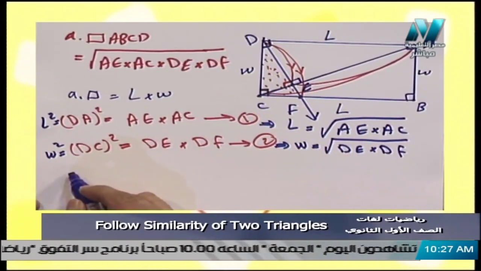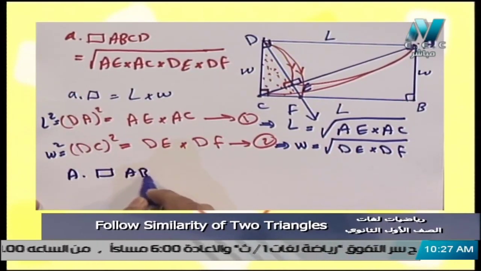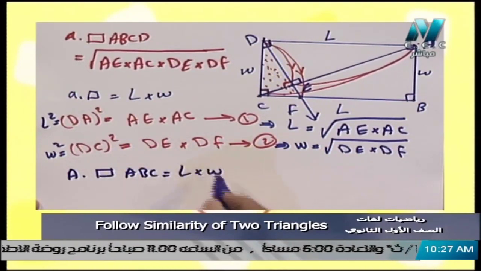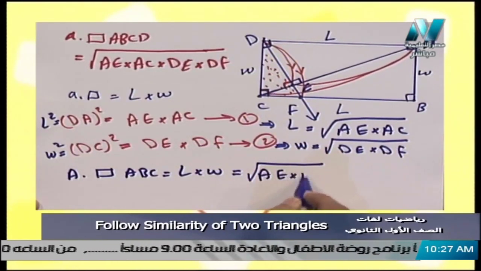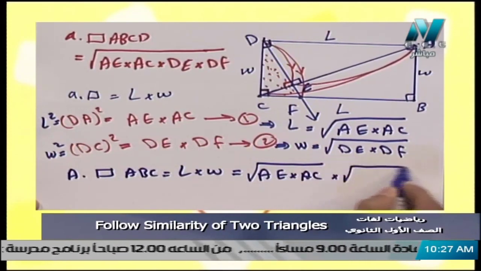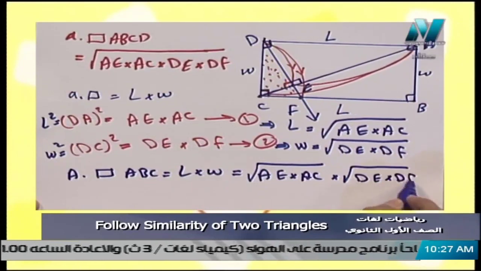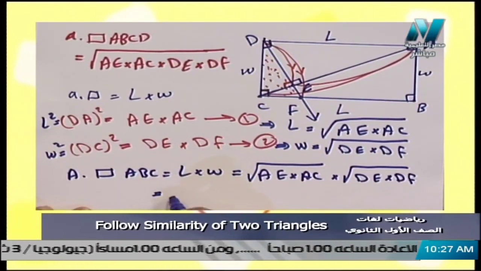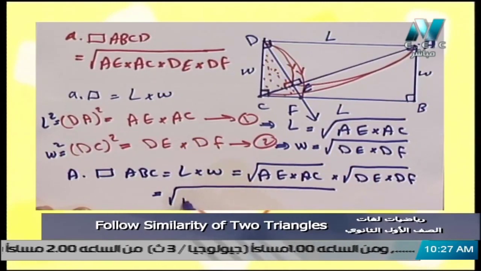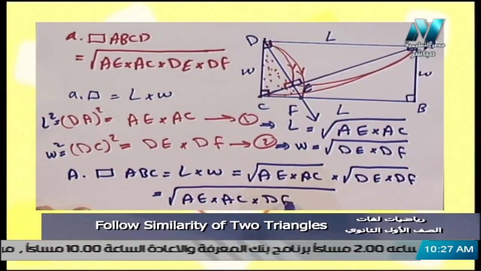So by multiplying, area of rectangle ABCD equals length multiplied by width, which is square root AE multiplied by AC times the other square root, which is DE times DF.